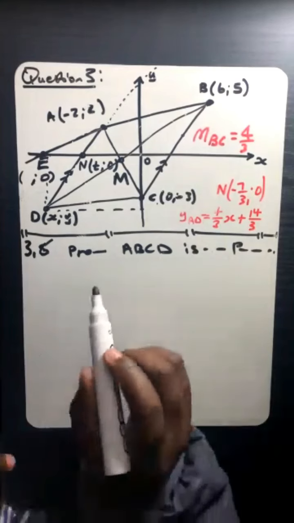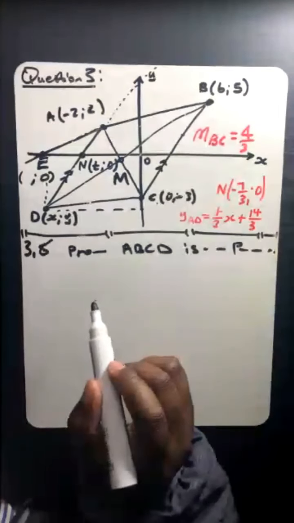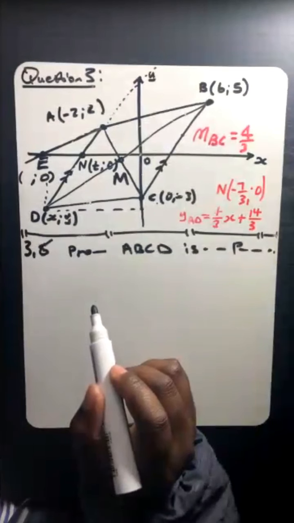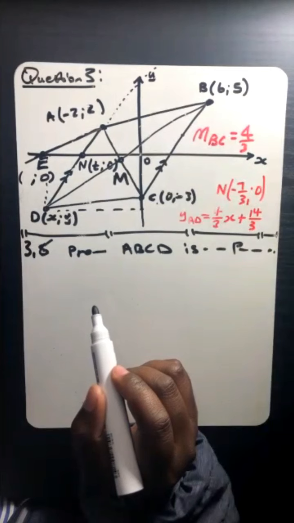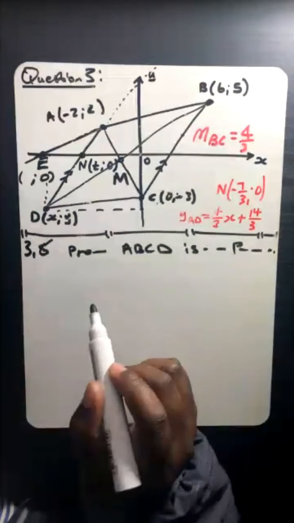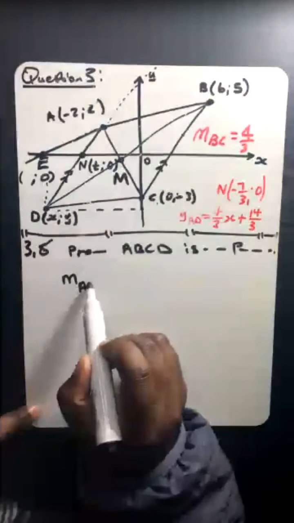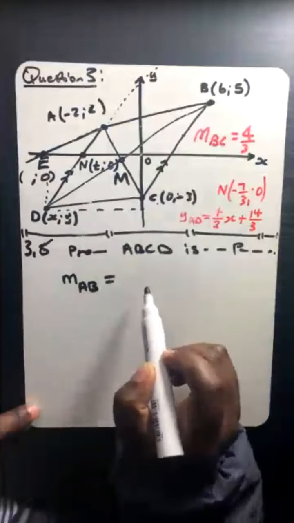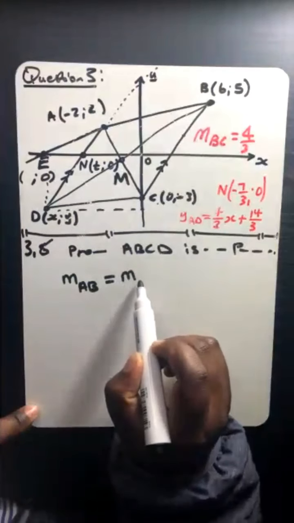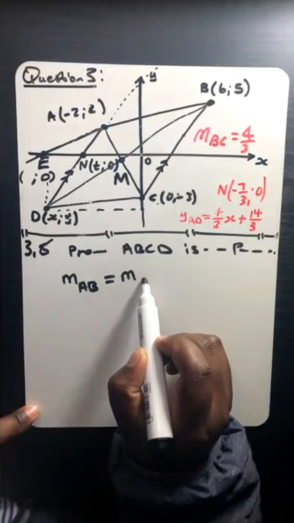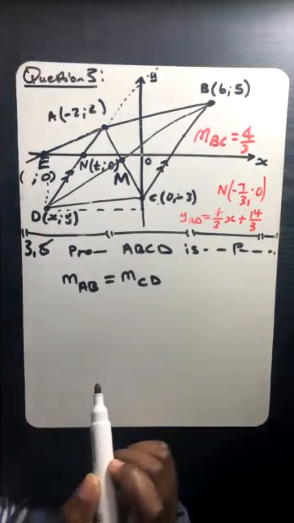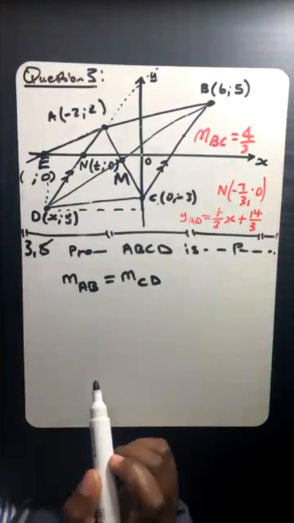But remember, for something to be a parallelogram, in this case the gradient of AB must be equal to the gradient of CD. In that way, we can say this is a parallelogram.